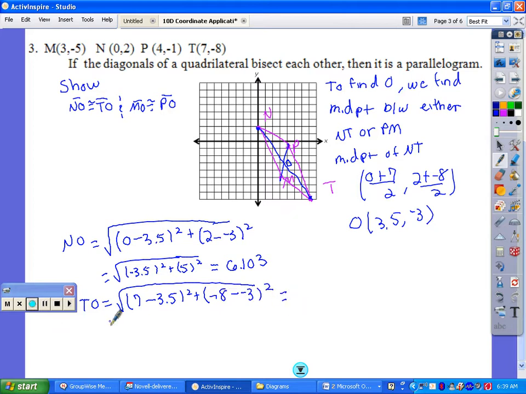And we're going to simplify it and put it in our calculator. 7 minus 3.5 again gives us 3.5 squared plus negative 8 minus negative 3 gives us negative 5 squared. And if you simplify that and take the square root, you get 6.103. So we do know now that NO is congruent to TO. So we have a diagonal bisected, but we have to show the other one is.